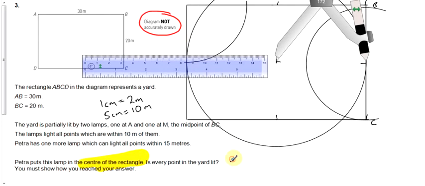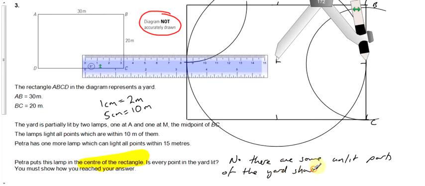And the answer is no, there are some unlit parts of the yard shown as shaded regions on the scale drawing above. Full stop. So I better shade some regions, haven't I?